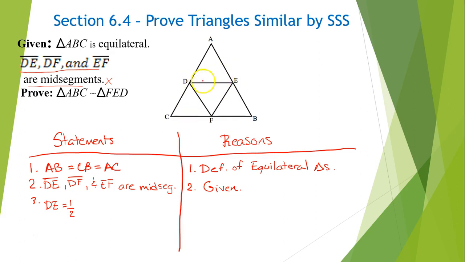So DE is 1/2 of side length CB. And keep going around the triangle and cover all sides. So I'm going to make 3 statements here. DF is equal to 1/2 of AB.